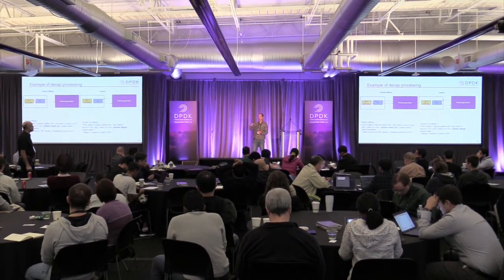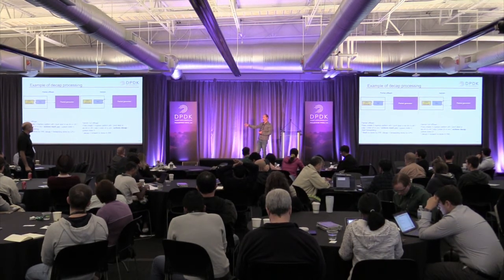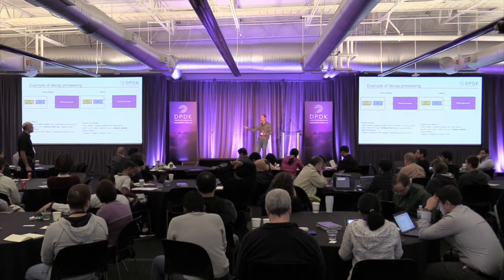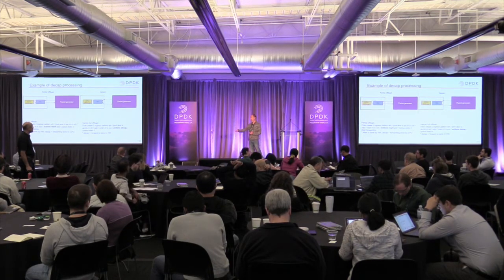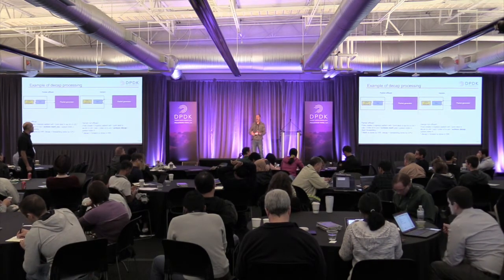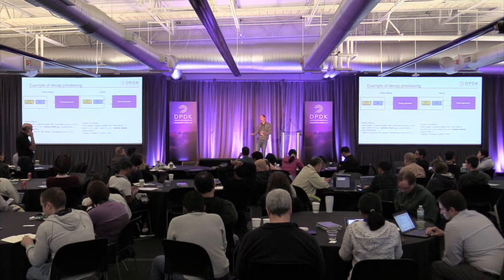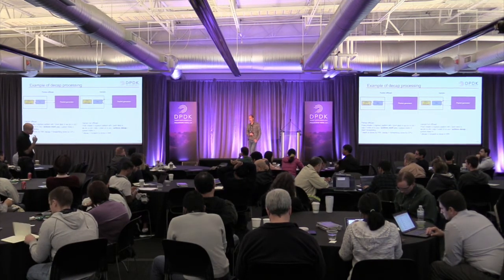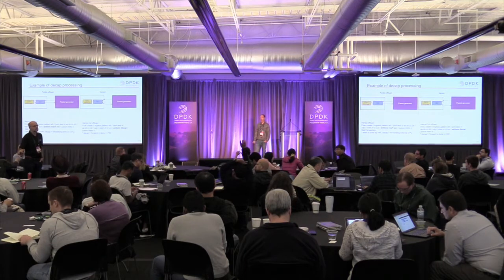After you insert the flow with the count action, the application can query the counter whenever it wants, once a second, whatever, and ask how many bytes or packets moved through this flow. Based on that data, it can age out the flow or insert a new one. OK, thank you. Sure, no problem.